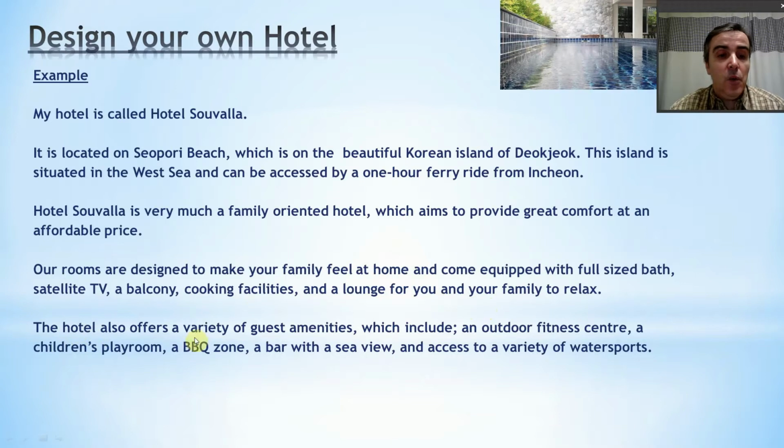The hotel also offers a variety of guest amenities, which include an outdoor fitness centre, a children's playroom, a barbecue zone, a bar with a sea view, and access to a variety of water sports. So again, these amenities I've chosen could be used by the children and also the adults in the family, especially the outdoor fitness centre, maybe more for the adults or older children.